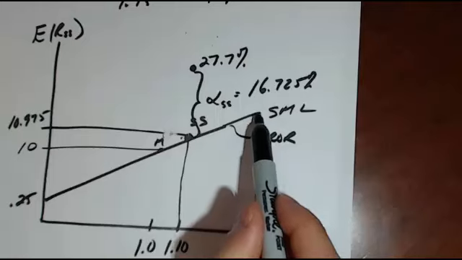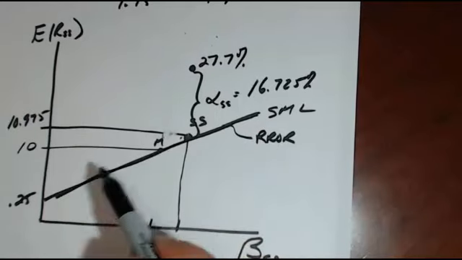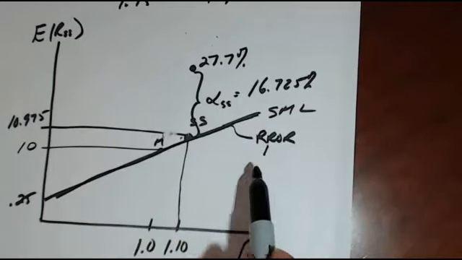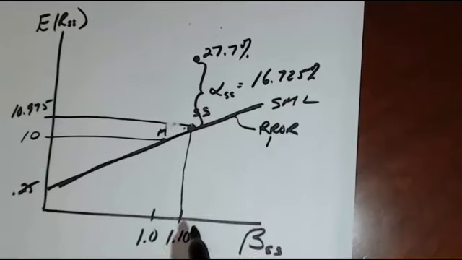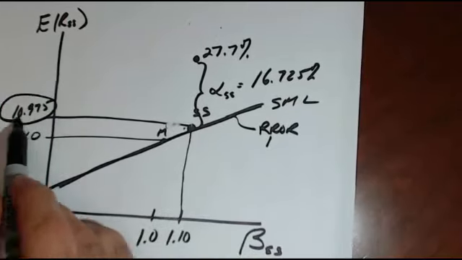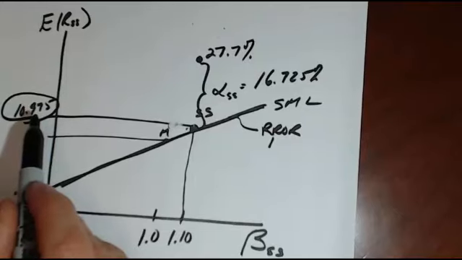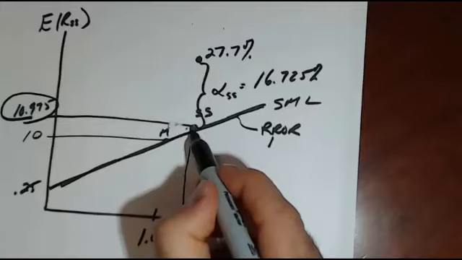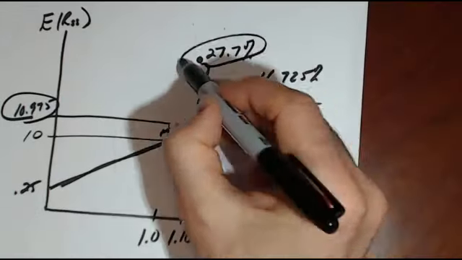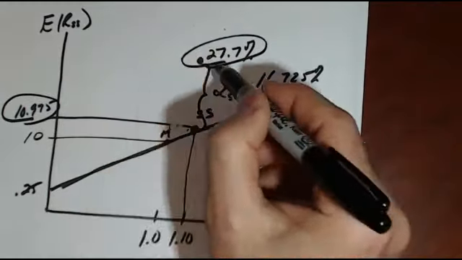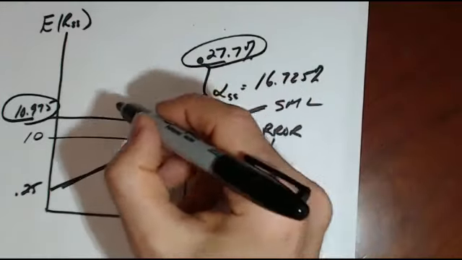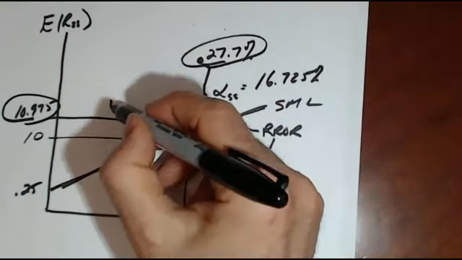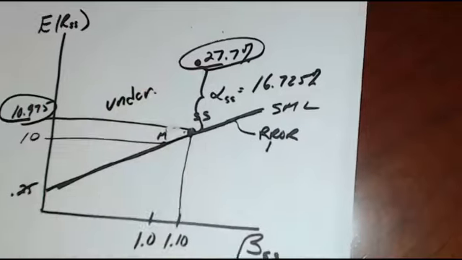This line is the required rate of return for a stock given its risk, and the exact required rate of return given this beta of 1.1 is this point on the line. Now, if your expected return equals the required return, there's equilibrium. But your expected return doesn't equal it. It's well above, which means this stock is undervalued.